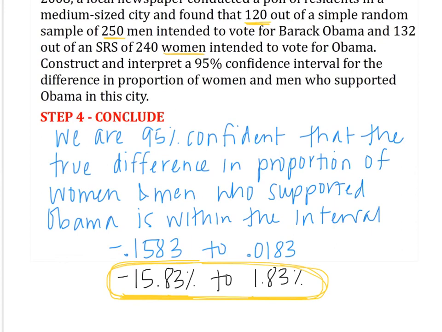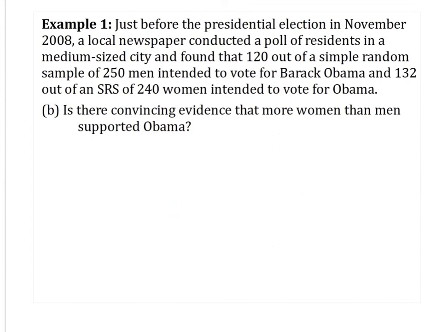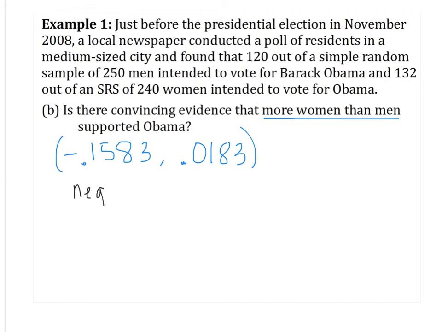Now, thinking about going from a negative difference to a positive difference, if I think about this part B, it says, is there convincing evidence that more women than men supported Obama? Well, if I think about my interval from negative 0.1583 to 0.0183, this interval goes from negative to positive.